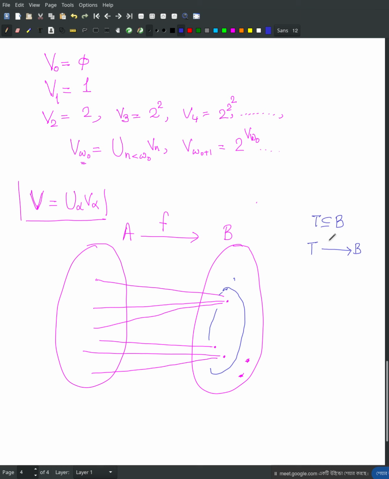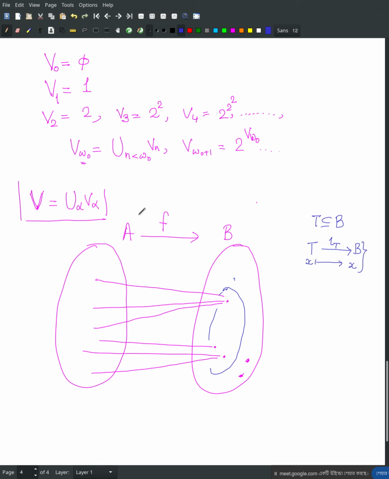Well, it is usually called the inclusion function, denoted by iota. What does it do? It takes x to x. Doesn't do anything else. So you see, obviously this is an injective function.